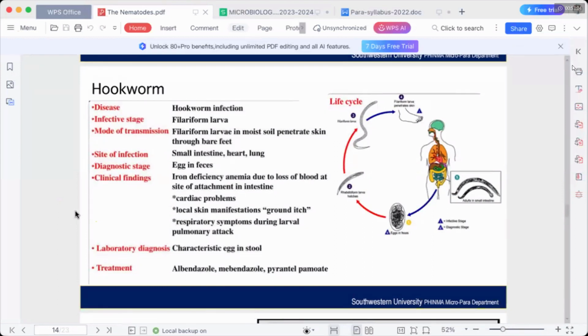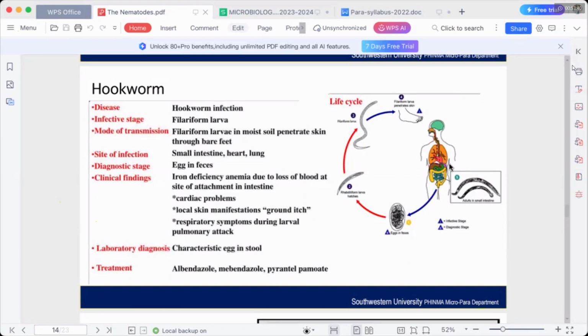Some will have skin manifestations like allergy-like symptoms, which we call ground itch. The child keeps scratching for no apparent reason, which can be due to the skin penetration. You will also have respiratory symptoms if the larva migrate to the lungs.